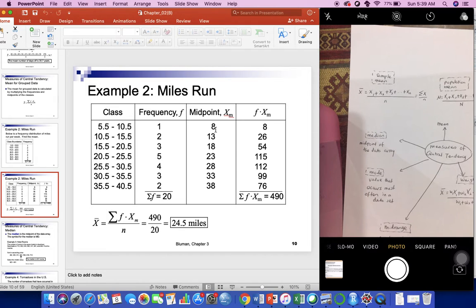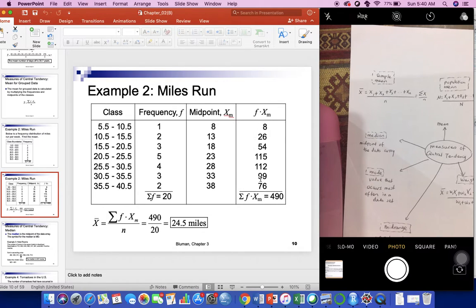First of all, for each class boundary, you need to multiply frequency times midpoint. The first one is 8. The second one is 2 times 13, you will get 26. 3 times 18, you will get 54. Until 2 times 38, you will get 76.